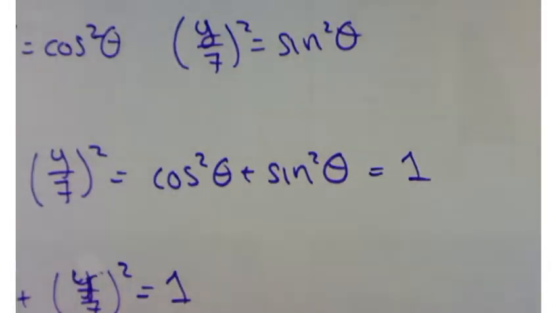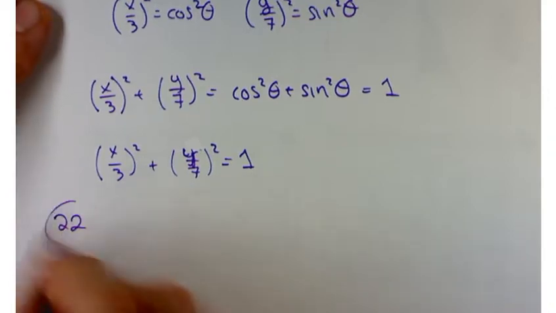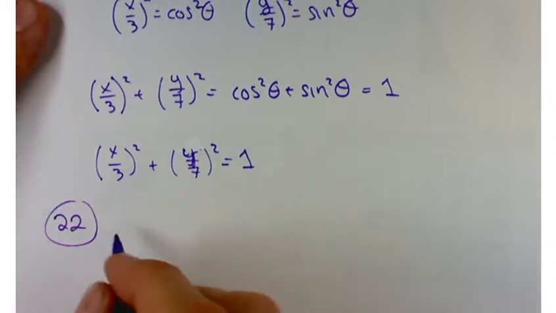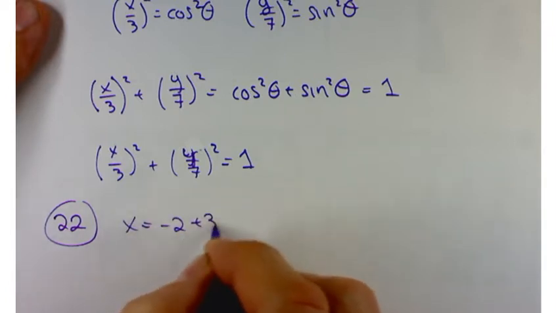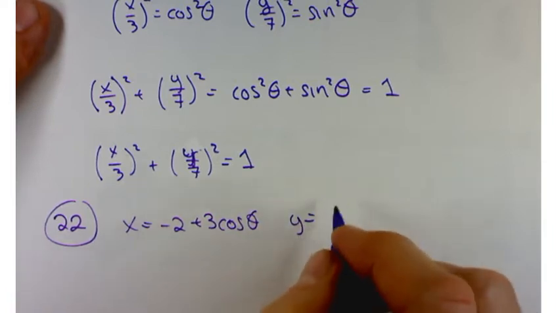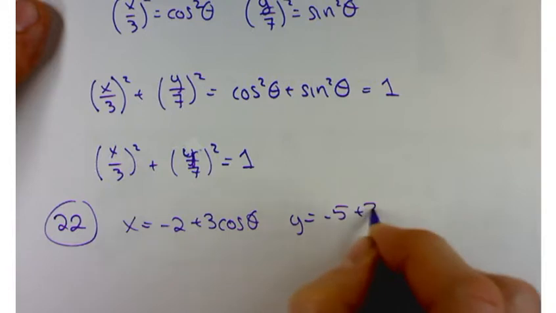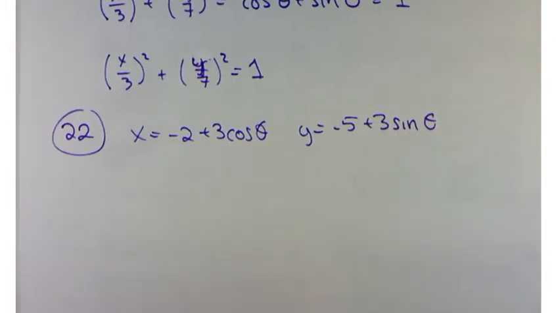Nice trick there on problem number 18. We're going to use a similar one for problem number 22. X equals -2 plus 3 cosine of theta. Y equals -5 plus 3 sine of theta. Kind of like the last one, maybe you want to start out by graphing it. What does the graph look like?